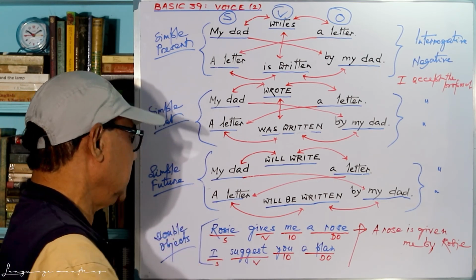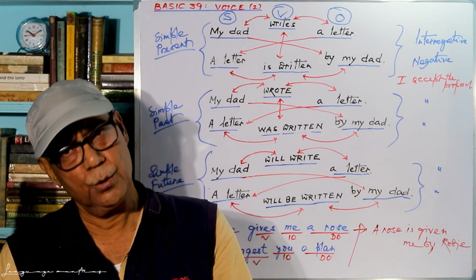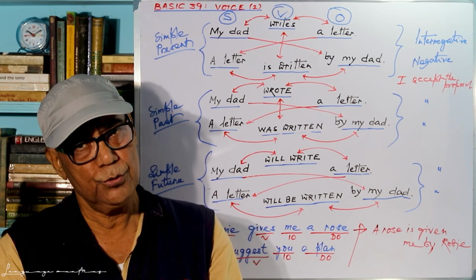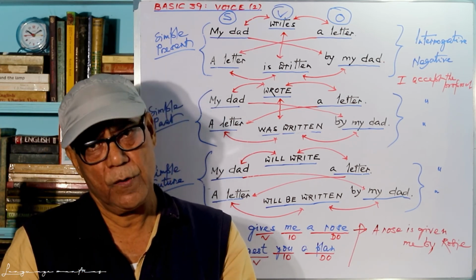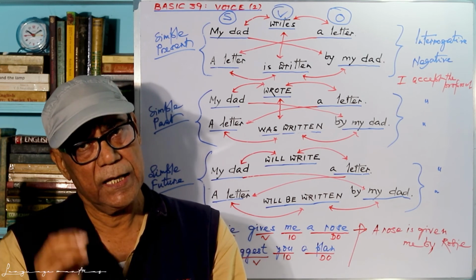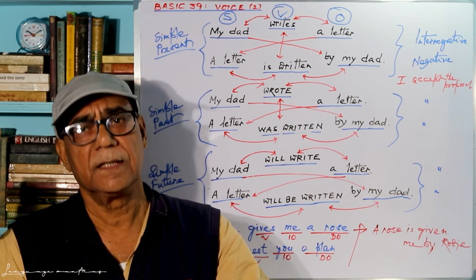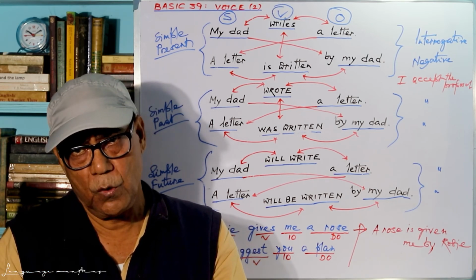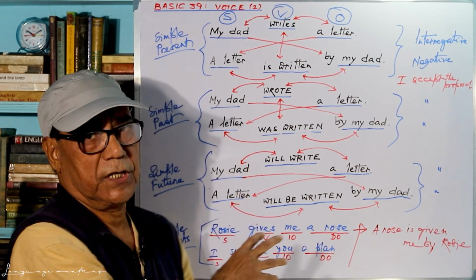And we have also seen how both of the objects can be used to form passive sentences. Whenever you have two objects, you can use any one of the objects to make passive constructions. This is what we have to remember from this session.